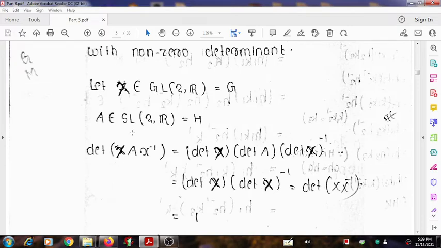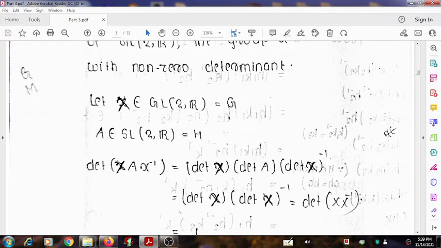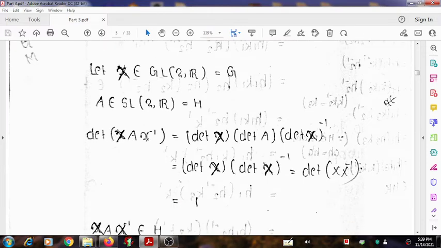Then we consider x h x inverse for every element, where the middle element h is from the subgroup. We can test it by choosing an element arbitrarily from H, so we choose A arbitrarily from H and take x a x inverse.